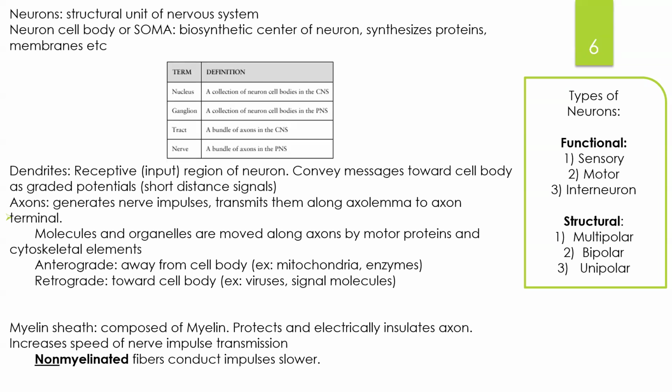And then lastly, we have the myelin sheath. These are composed of myelin, protects and electrically insulates the axon, and then it increases the speed of nerve impulse transmission. So when the sheath is non-myelinated, the fibers conduct the impulses slower.